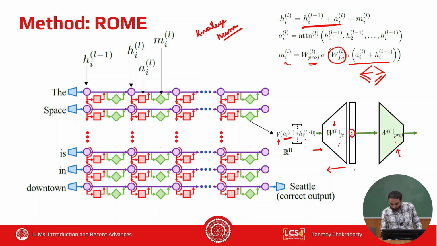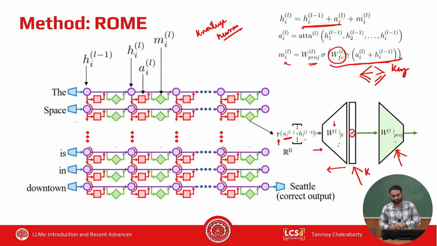The output that you obtain at the middle of the feed forward network, the middle of the multi-layer perceptron, is the key. And when you multiply this key with W_project, it will produce the value. So W_project acts as an associative memory, kind of an embedding lookup table. You have this key, you multiply this with this W, and it will return V.